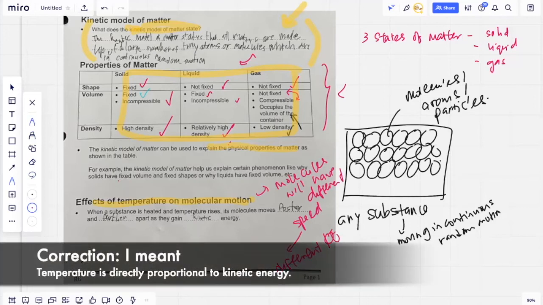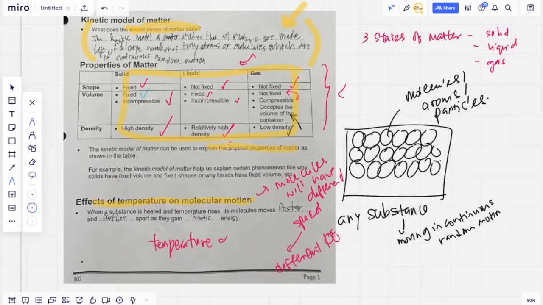But for now, you must know the temperature is proportional to the KE of atoms, which means in easier terms, at high temperature, particles gain more KE, so particles move faster.